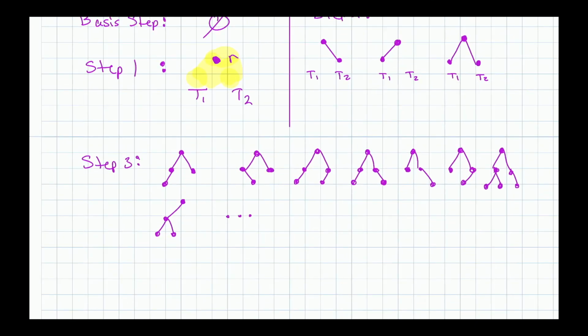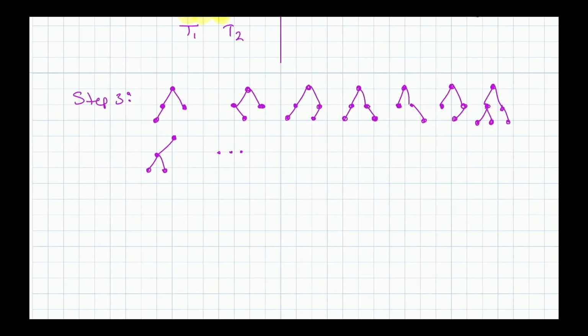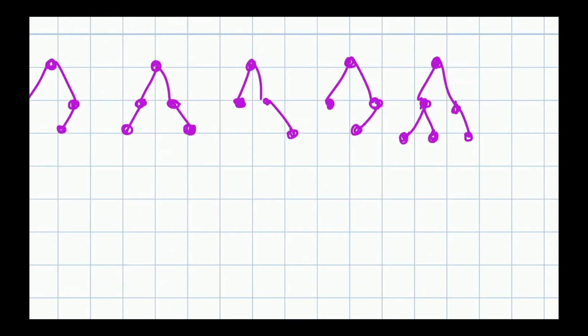So they're called binary trees because each one has, like, here's an example. Each one has 2 branches from each vertex, right? So from the root, 2 branches. Or it has 2 or 1 or 0. So like this has 2 branches. This has 0 branches. This has 1. This one has 2. This one has 2.